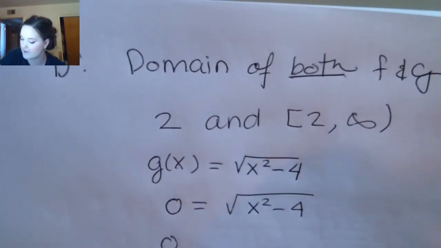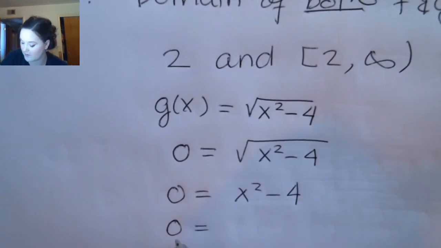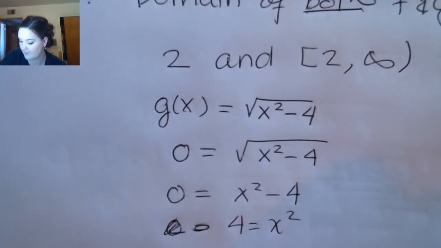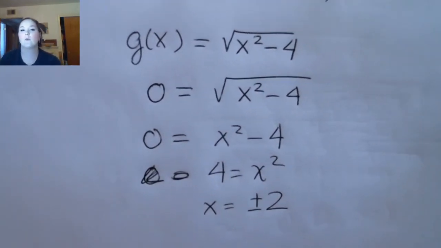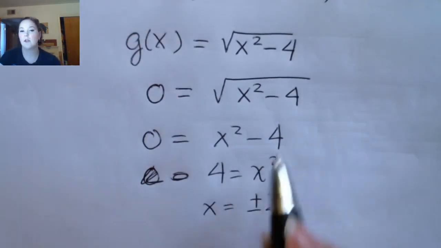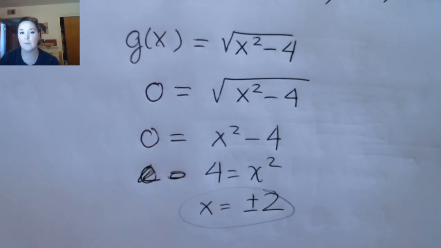Square both sides. Factor, or use a square root, I guess, might be easier. So we're going to exclude from the previous domain any values that we find here. We're going to exclude plus and minus 2.